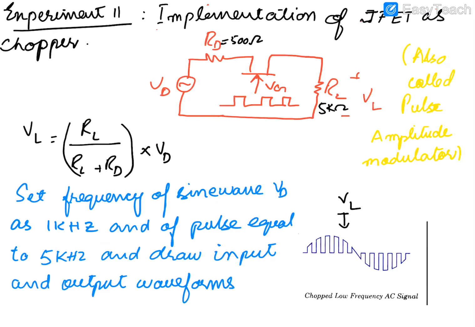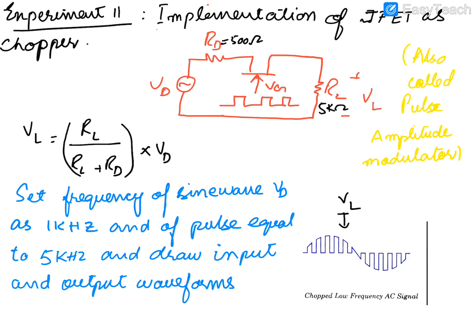Next week you will implement experiment number 11, which is the use of JFET as a chopper. The chopper is also called pulse amplitude modulator, because as you can see, the output across VL is just like that of a pulse amplitude modulator.